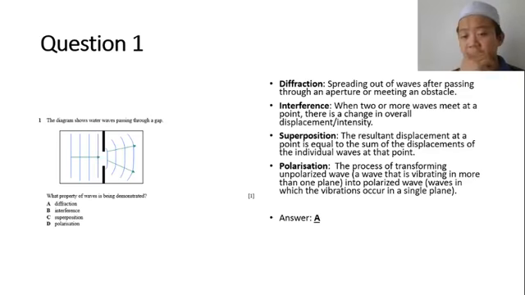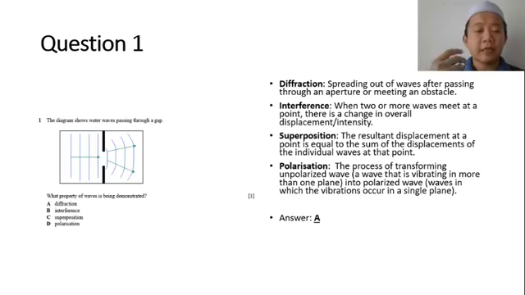As for superposition, the principle of superposition states that the resultant displacement at a point is equal to the sum of the displacements of the individual waves at that point. That means for each particle on the wave, we calculate its superposition. What about polarization? It is the process of transforming an unpolarized wave into a polarized wave.